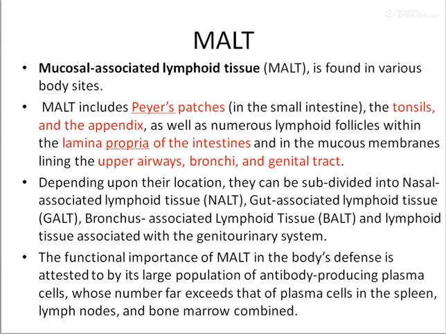But when you compare MALT with the plasma cells in the spleen, lymph nodes, or bone marrow, you can see that the number of antibody producing plasma cells is higher in the regions of MALT compared to the spleen, lymph nodes, and bone marrow combined. In other words, antibody production is higher in the mucosa associated lymphoid tissues than in the spleen, lymph nodes, and bone marrow together.